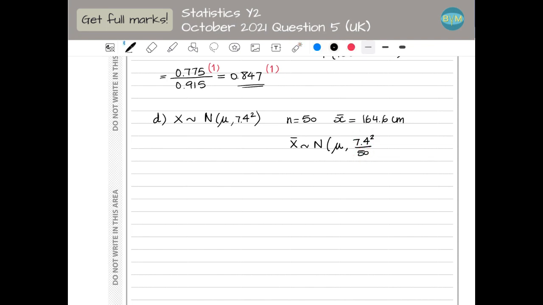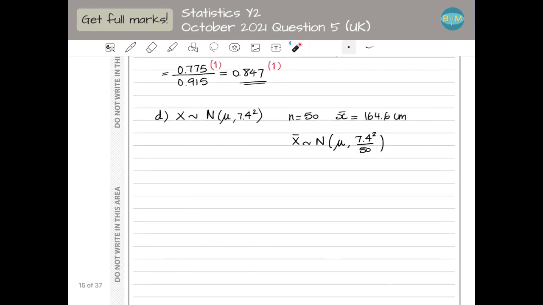So don't get confused with the squares or not squares. When we put this in the calculator, when we put sigma, we have to put 7.4 divided by root of 50. So sigma, which is what you put in the calculator, is 7.4 divided by root of 50. This is the one that we are going to test, the mean.